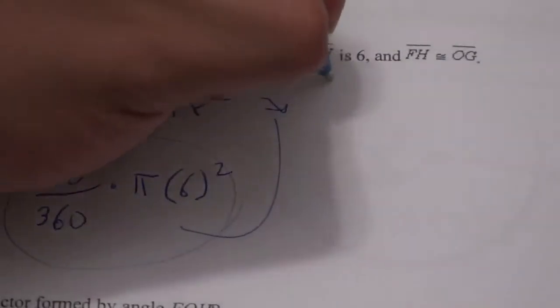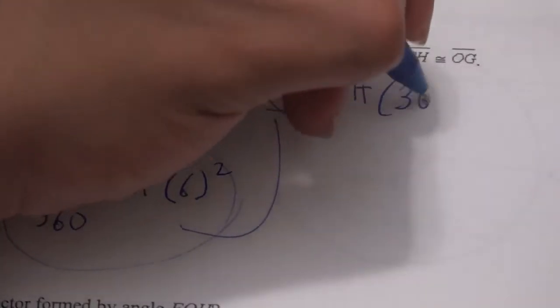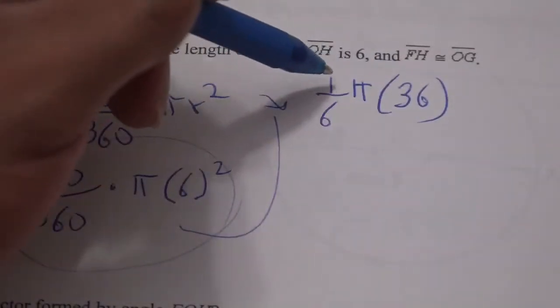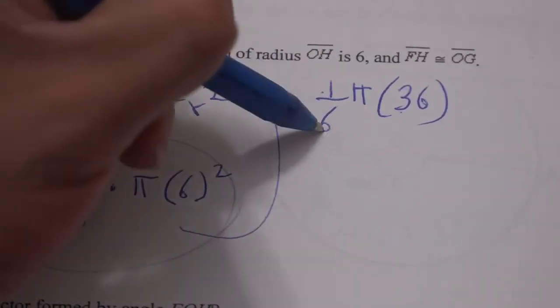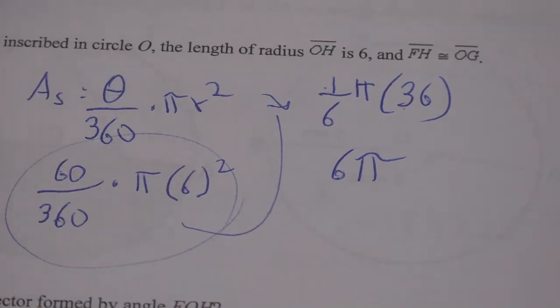So I got 1/6 pi times 36, because 6 squared is 36. Now I got 36 times 1 is 36, divided by 6 is 6, so this is 6 pi. And that will be the area of 6 pi square units. I don't know, whatever square units they're using.